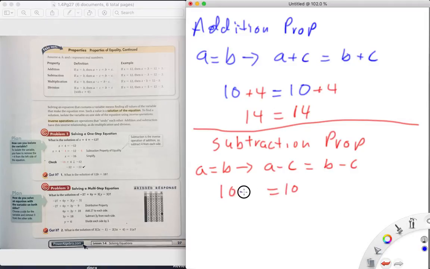If I was to subtract 4, 10 minus 4 would be 6. If I didn't do anything to the other side, it would just be 10. 10 doesn't equal 6. So in order for this to work, I have to subtract the same amount from both sides. Subtract 4 from both sides, and I get 6 equals 6.